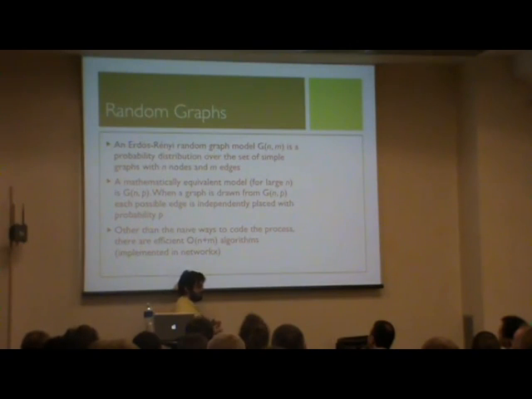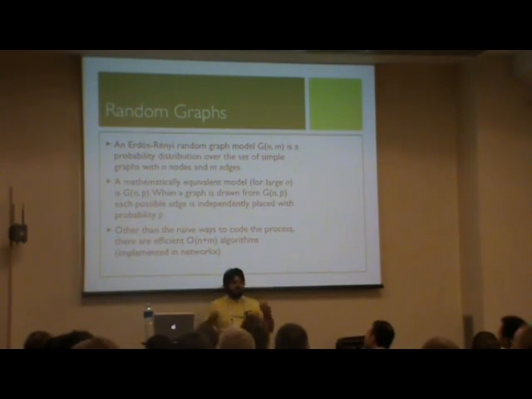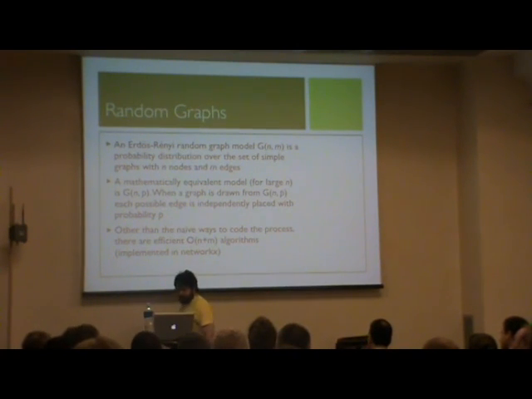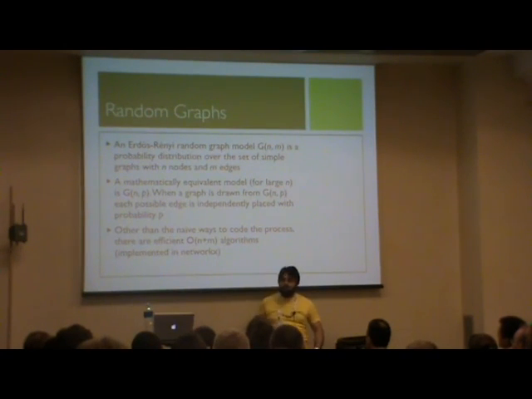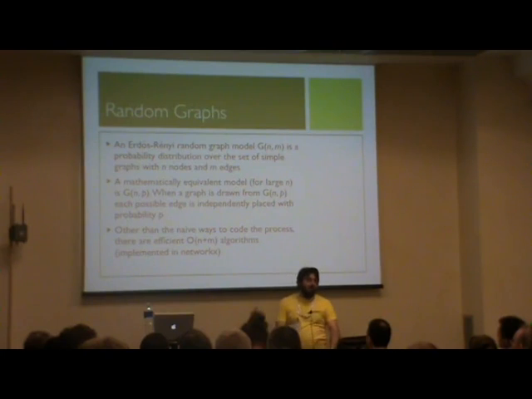You have a probability distribution of all networks with n nodes and m edges. Okay? And a model which is equivalent is this. You have n nodes, and you randomly draw a number for each edge that is in the complete network, and with probability p, that edge is also in our network.